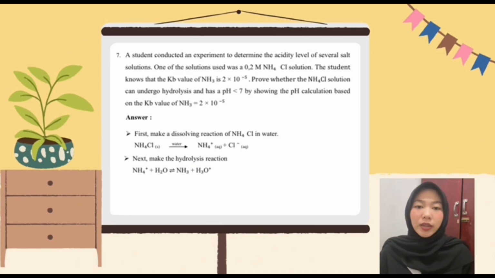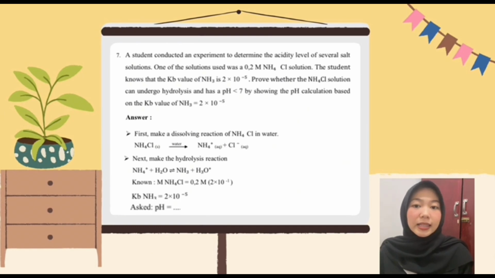From this question, it is known that M of NH4Cl equals 0.2 M, or 2 times 10 to the power of minus 1, then Kb of NH3 equals 2 times 10 to the power of minus 5.